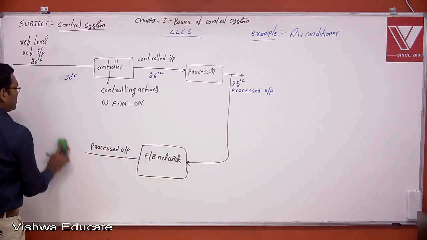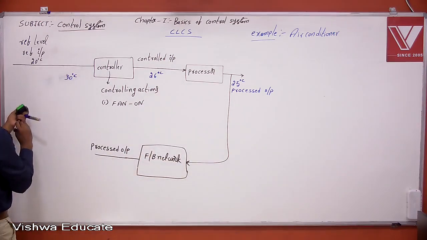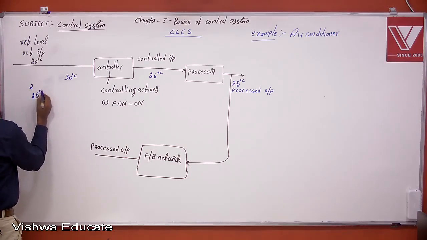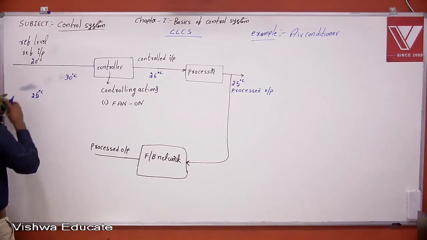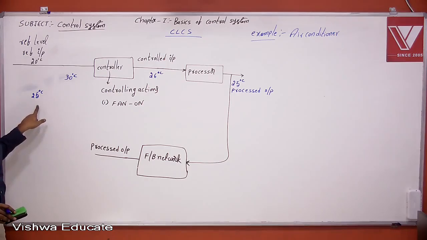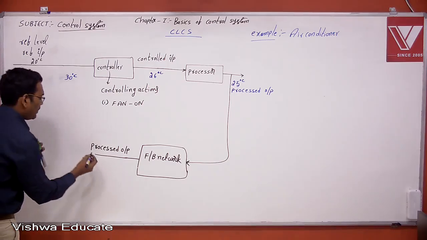This feedback network is a property of this particular control system, which brings the processed output. What is the processed output now? 25 degrees centigrade is the processed output. Now this 25 degrees centigrade is compared with the reference level. What is the reference level? 20 degrees centigrade. Is there any deviation? Is there any difference? Yes.